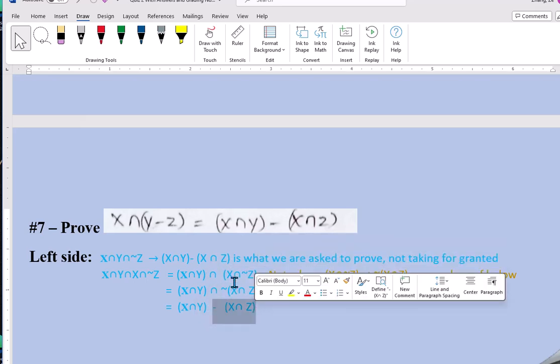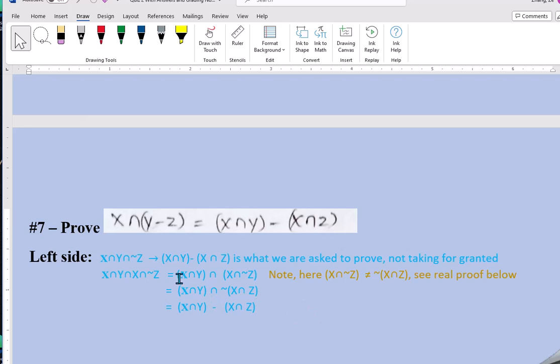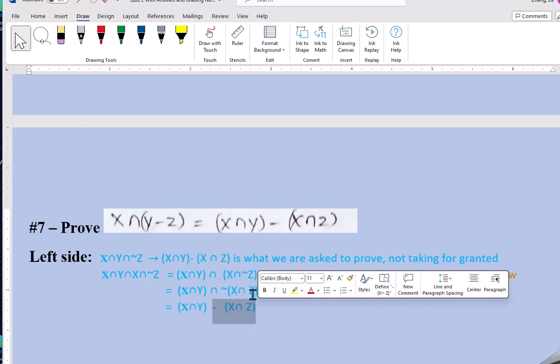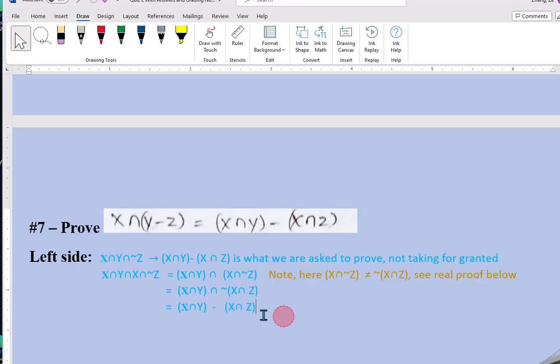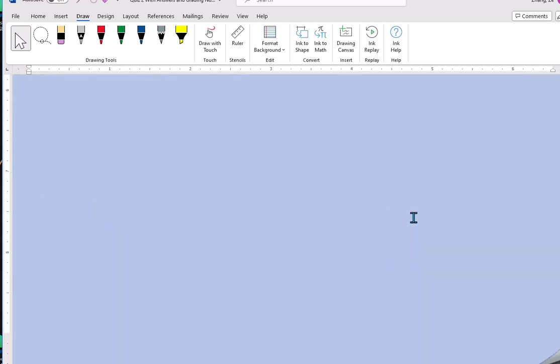You have to explain why, even though in fact this together equals that, it doesn't mean this equals this. All right, so x intersection with negative y is not equal to that. Now let's see what the full formal proof is.